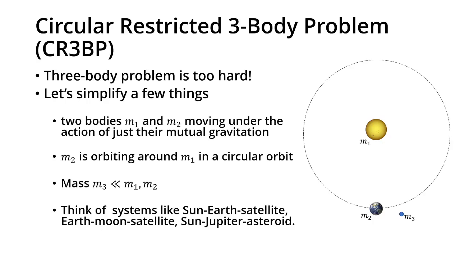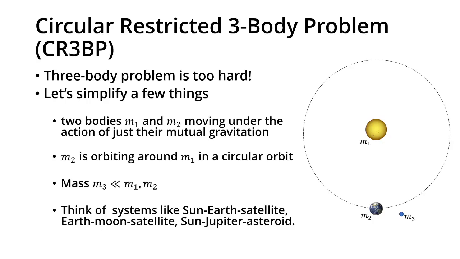A few mathematicians or engineers back in the 1700s, 1600s, well, they figured, okay, this problem is too complicated for us. Let's make some assumptions. Let's make it easier a little bit so that we can actually study it, because right now there's no way we can analyze the problem of three bodies.